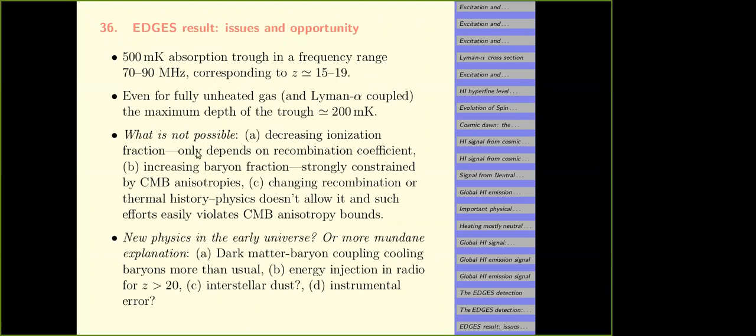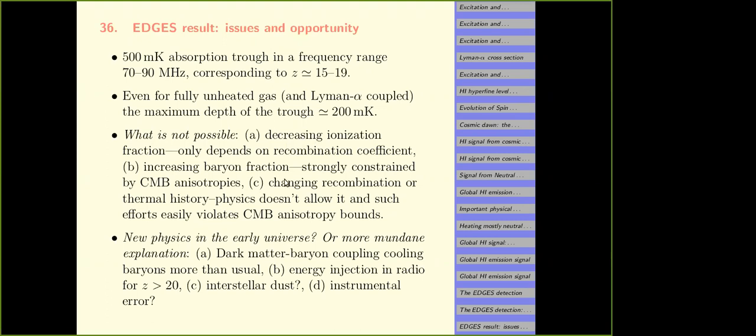Can I decrease the ionization fraction? I showed you a figure the day before yesterday. By decreasing the ionization fraction, I can cool it more because the decoupling happens earlier. But this depends only on the recombination coefficient, and I can't do that actually. I can make models, but I cannot have a physical model to decrease the ionization level and thereby decrease matter temperature as compared to CMB temperature. Can I increase the baryon fraction?